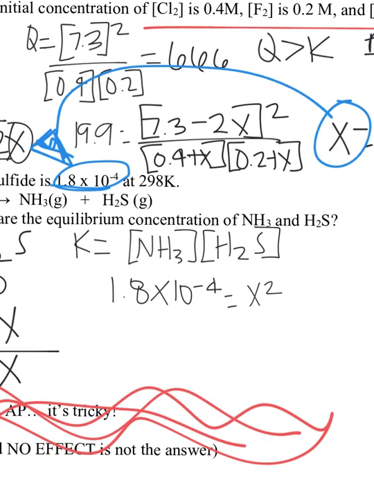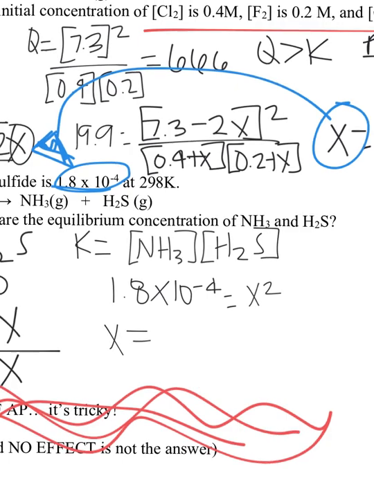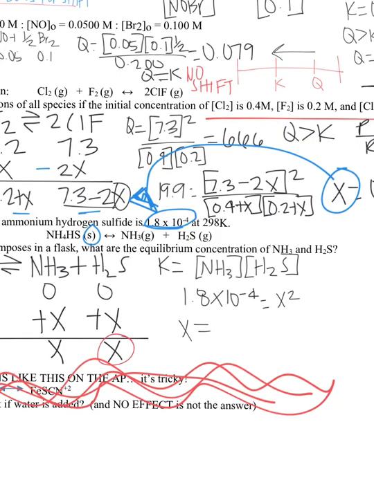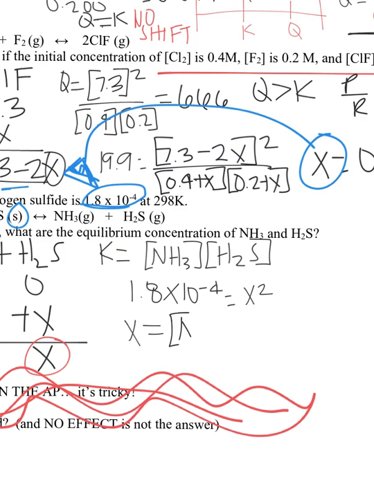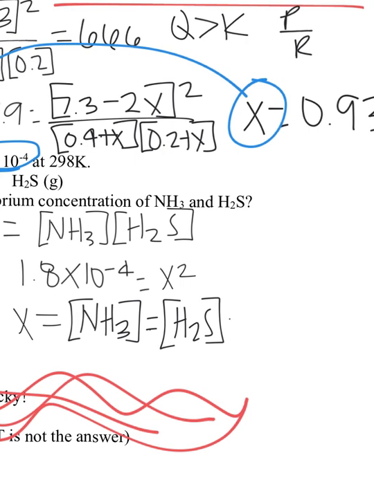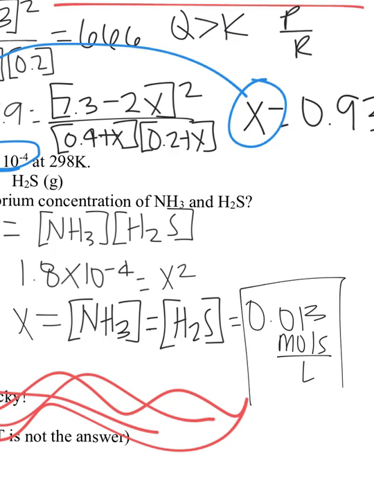I've got two x's, x times x is x squared. So x is equal to the concentration of ammonia, which is equal to the concentration of dihydrogen sulfide, which is equal to 0.013 moles per liter, because it's concentration. All right, and that's it.